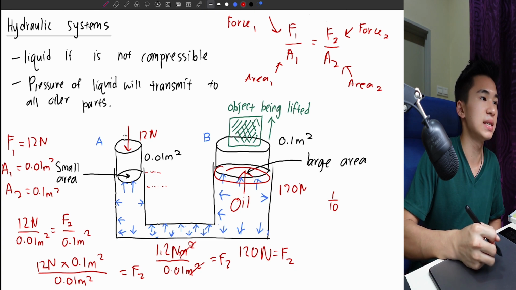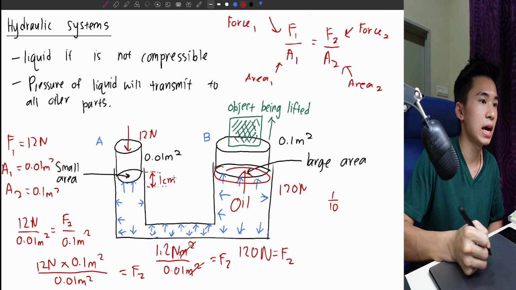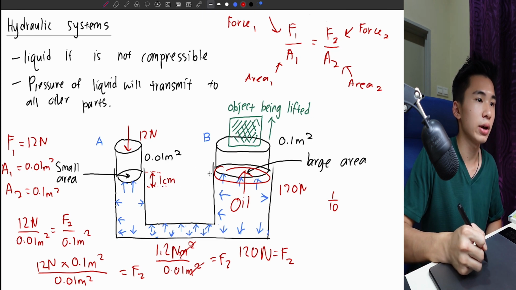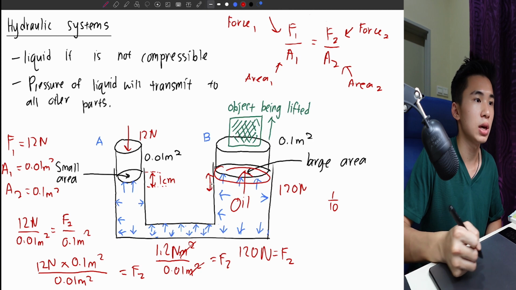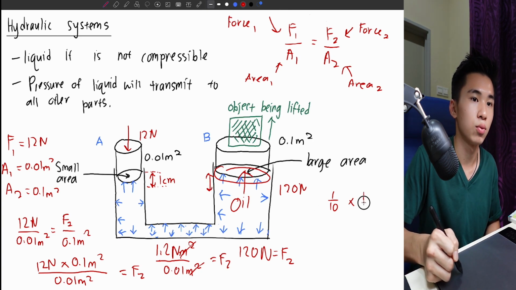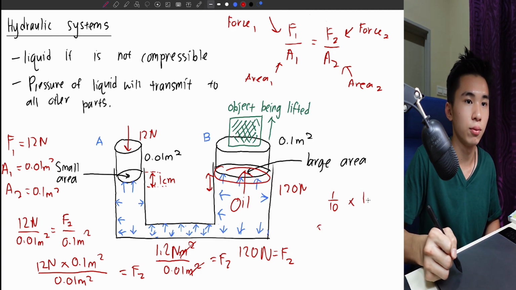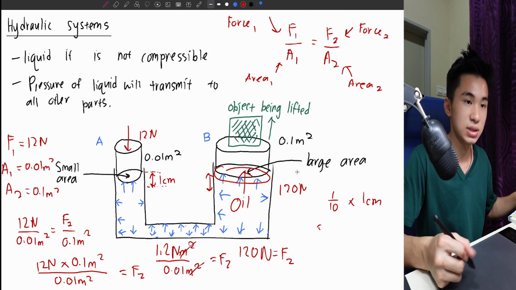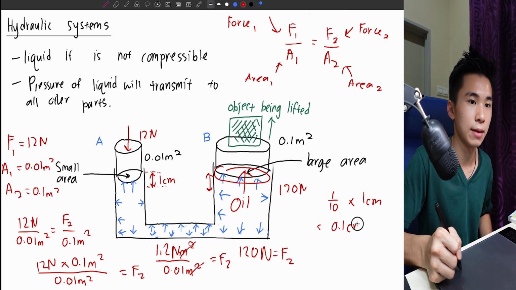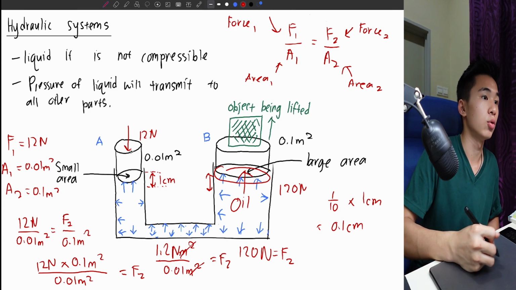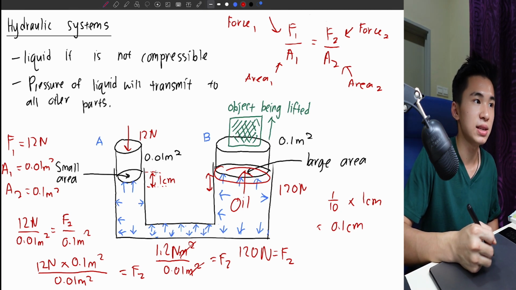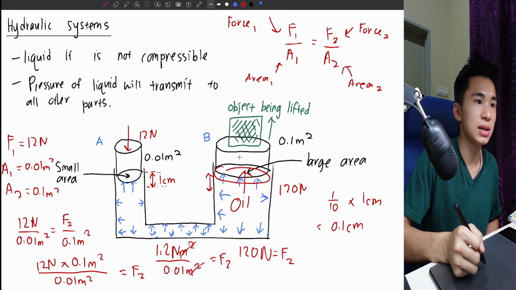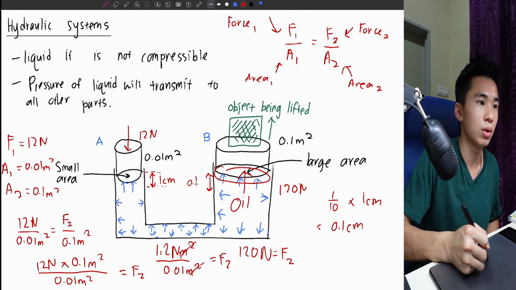So let's say the displacement from this point to this point after you have applied 12 newtons of force, which means this cylinder A is going to go down, right? Let's say it is going to be 1 cm. So the displacement right here is going to be 1 over 10 times 1 cm, so 0.1 cm. Which means if the displacement at cylinder A is 1 cm, then the displacement at cylinder B is going to be 0.1 cm.